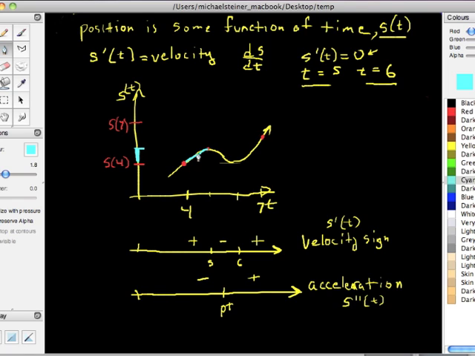It did not travel along this curve. This is the position as a function of time. It traveled from S of 4 to S of 5, that is 5 right here. So that blue part, that distance, well, displacement, is S of 5 minus S of 4.